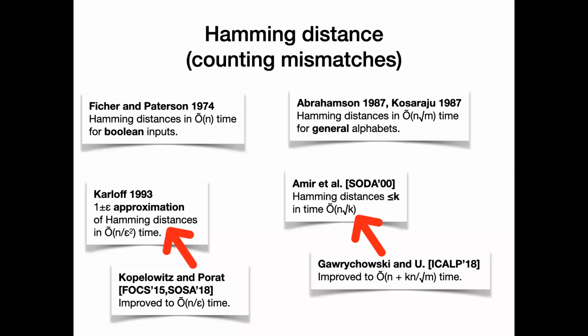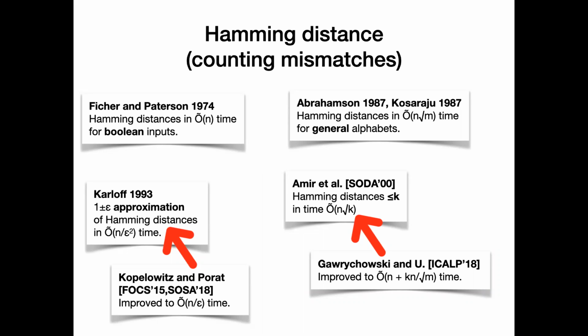And then if you are interested in counting exactly, but if the number of mismatches is too large, you just want to say, oh, it's too much. Just by application of suffix trees or LCP queries, you can get n times k complexity. It's a simple exercise. It was improved, so you can generalize the n square root of m complexity to n square root of k.